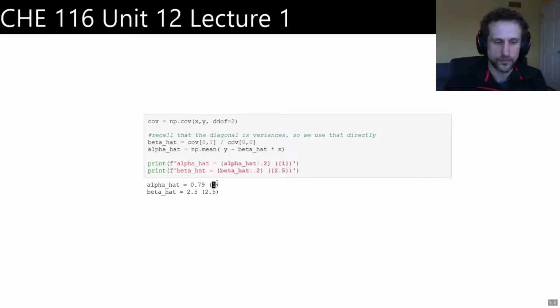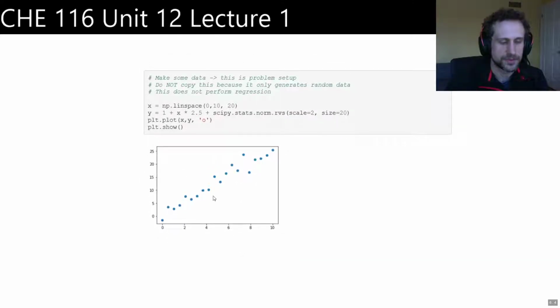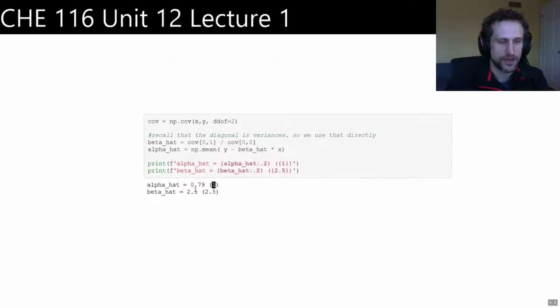Well, it's because alpha hat is a random variable. We sampled, we have random noise in our y. So because there's random noise in our y, the alpha, which is a function of the y's, is also a random variable, and our beta is also a random variable. In principle, the probability of seeing an alpha hat should be centered at the true alpha.